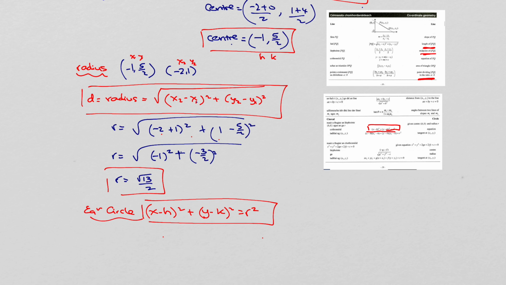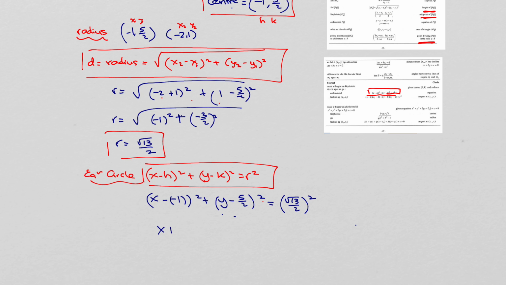And our centre, h, k, we said was minus 1, and k was 5 over 2. And that's going to equal the radius squared. So if I just tidy that up, that's x plus 1 squared plus y minus 5 over 2 squared is equal to 13 over 4.